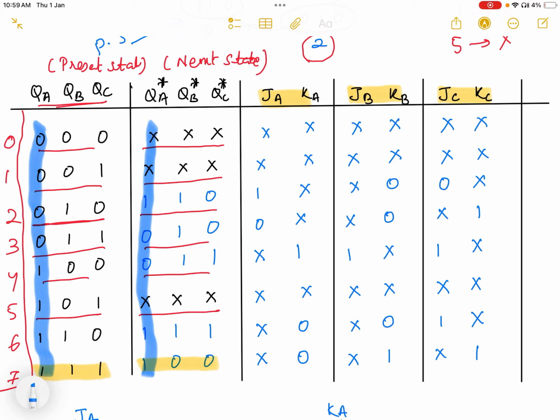Here, present state 0, next state don't care, so I get don't care, don't care. The same thing here, and also where present state is 1 and next state is 1. I get the same for all the flip-flops.